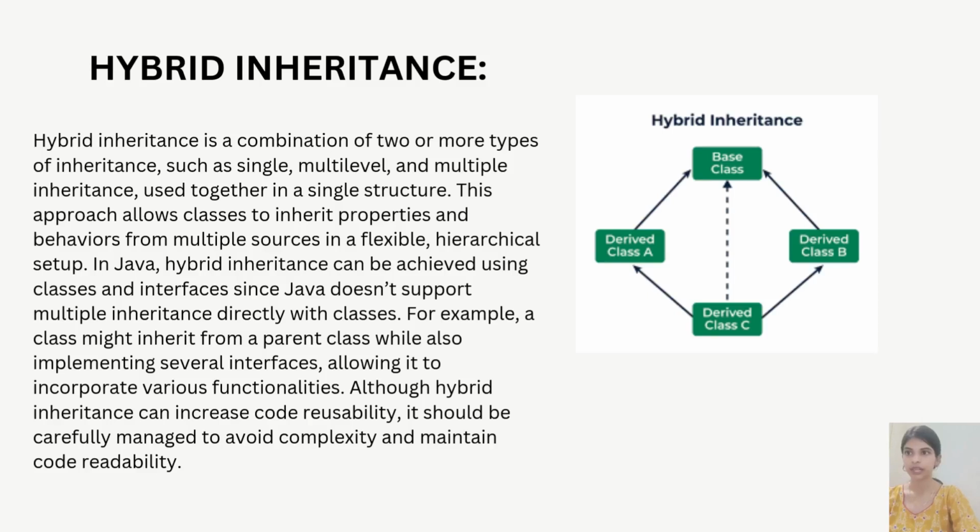For example, a class might inherit from a parent class while also implementing several interfaces, allowing it to incorporate various functionalities. Although hybrid inheritance can increase code reusability, it should also be used carefully and managed to avoid complexity and maintain code readability. We have a small block diagram. We can see that single-level inheritance and multiple inheritance are combined to give the hybrid inheritance.